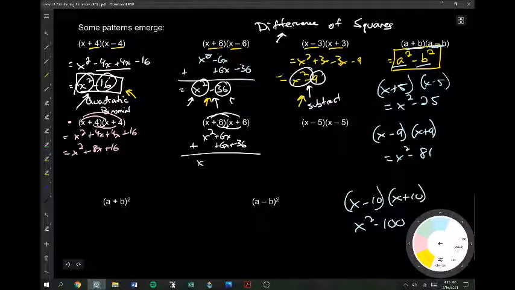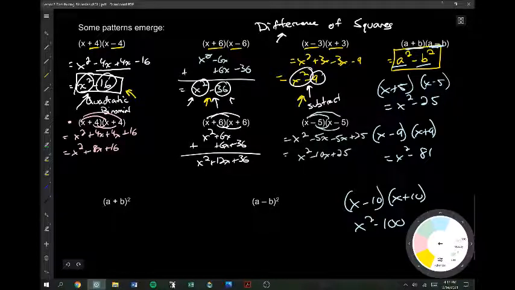Put that together, you get x squared plus 12x plus 36. x squared minus 5x minus 5x plus 25 becomes x squared minus 10x plus 25.